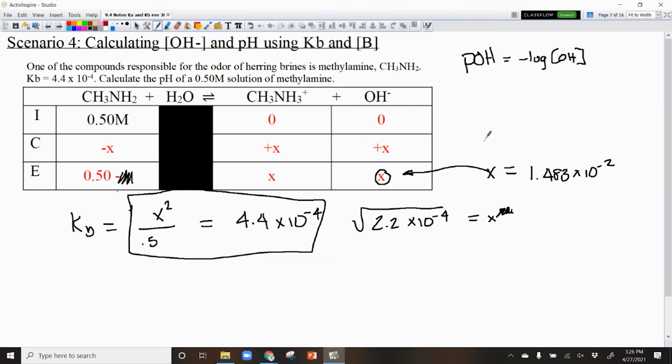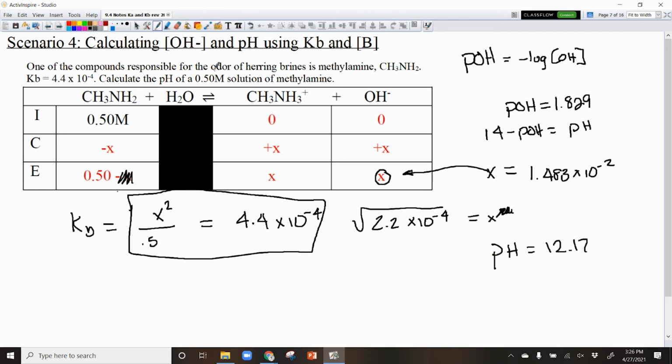Okay, and that's going to give us a pOH is equal to 1.829 really. Okay, and then 14 minus pOH is equal to pH. So if we take 14 and subtract that answer, we're going to get 12.17 is our pH.